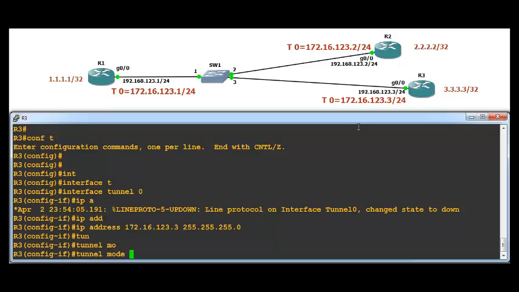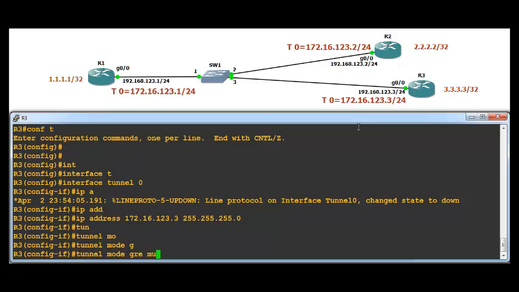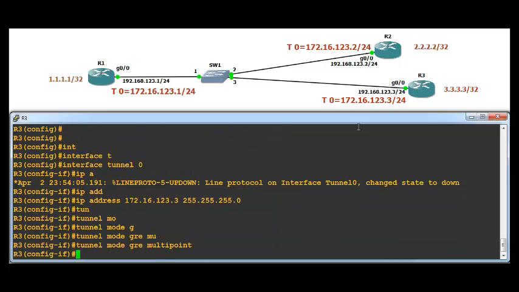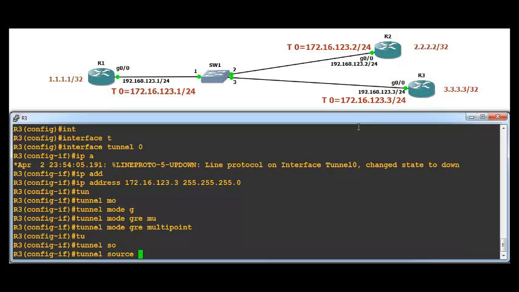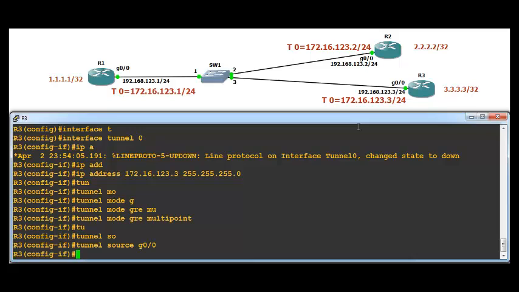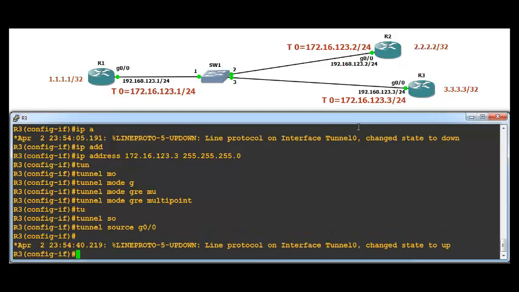Tunnel mode command. Tunnel mode GRE multipoint. Next is the tunnel source command. From where do you want to source? From GigabitEthernet 0/0. And then next is what? Tunnel key.